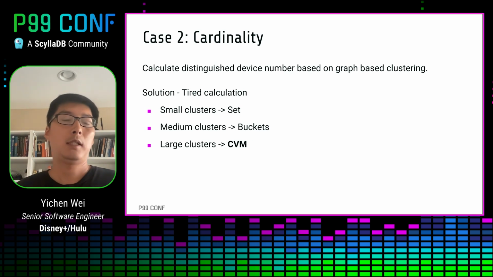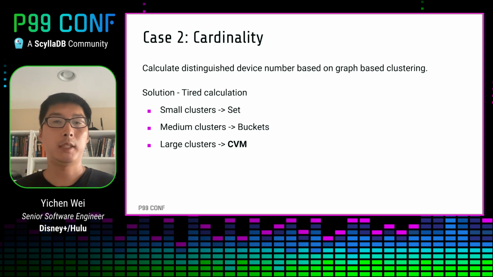Then, based on all these challenges, CVM came onto our radar. CVM is another algorithm to do the cardinality calculation, and it's based on pure probability methods. The solution is really simple and beautiful. I will share it in the next slides.